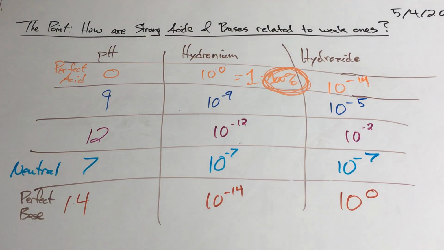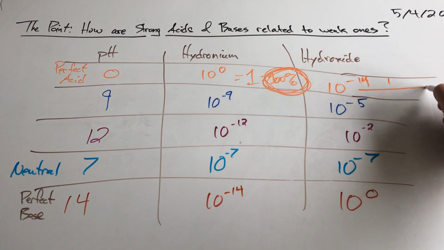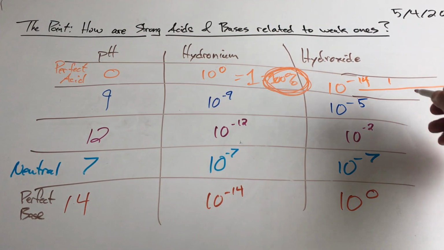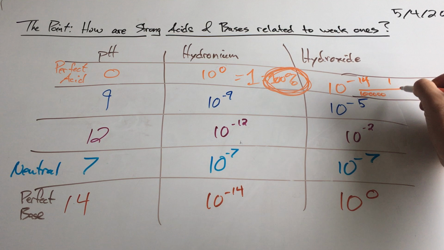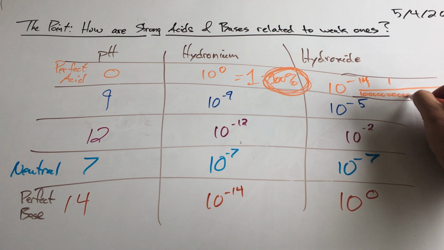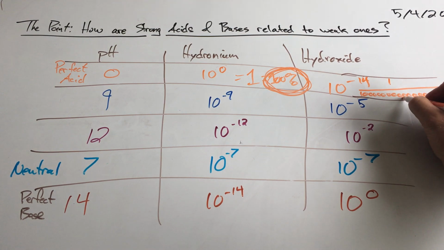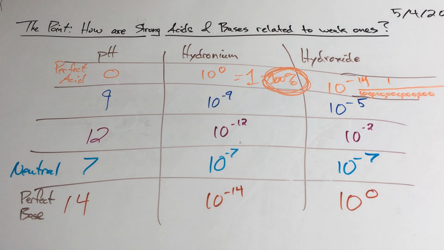And what about here? 10 to the negative 14. Well, 10 to the negative means that it's 1 over, and 10 to the 14 is 14 zeros. So 1, 2, 3, 4, 5, 6, 7, 8, 9, 10, 11, 12, 13, 14. So this means, if I put in the little commas, 10 to the negative 14 actually equals this fraction.